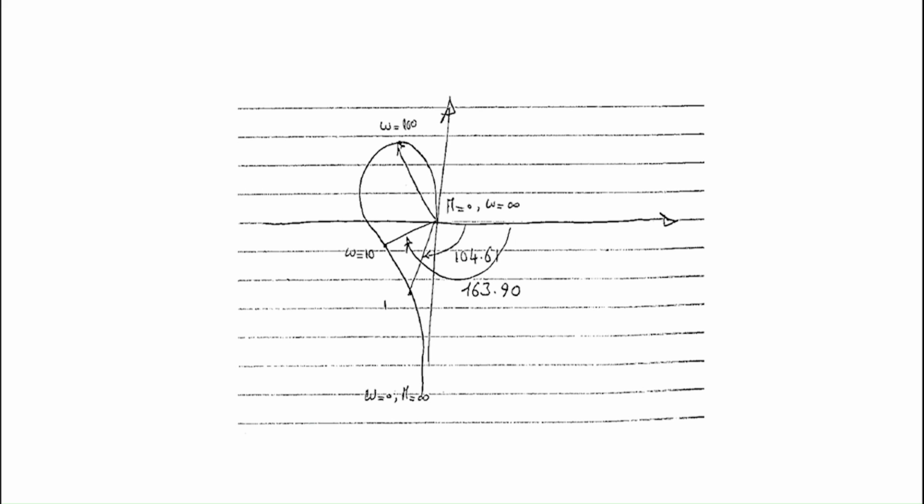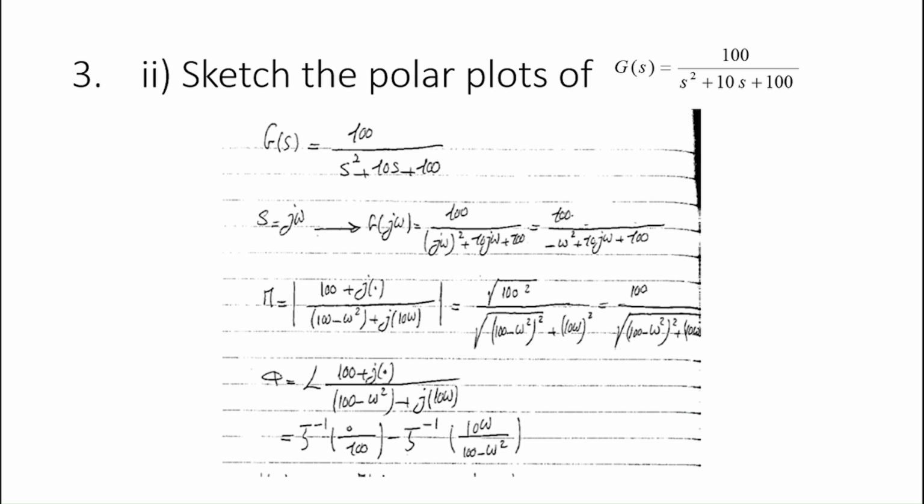Moving on to the last question, that is part 2 of question number 3. We have to sketch the polar plot of 100 over s squared plus 10s plus 100. As usual, we replace s with j omega. When we do that, we get 100 over (j omega) squared plus 10 j omega plus 100.